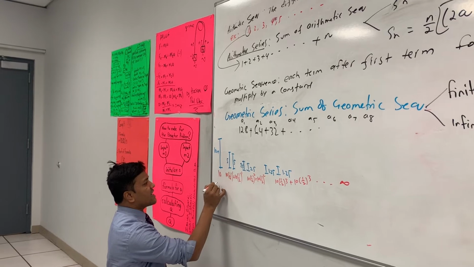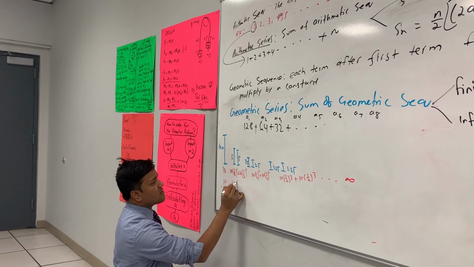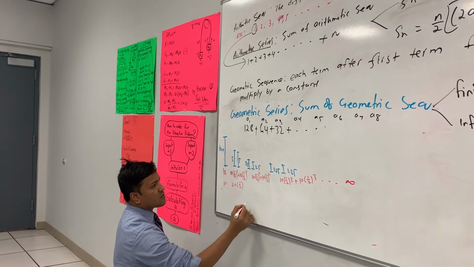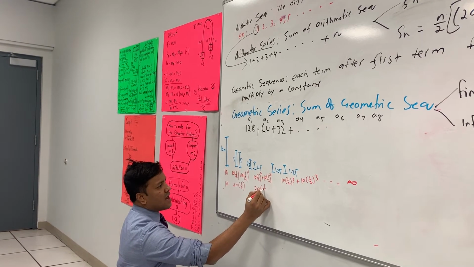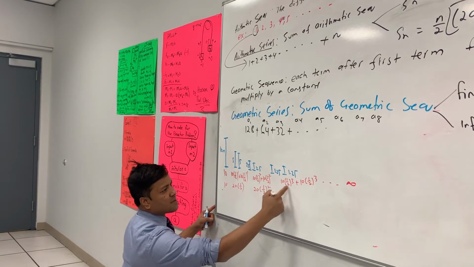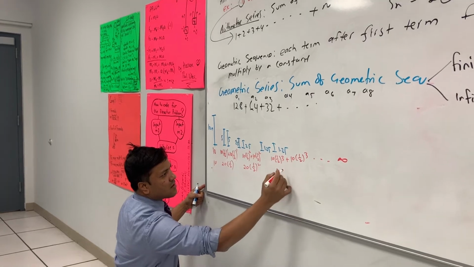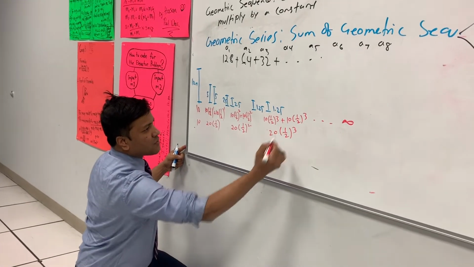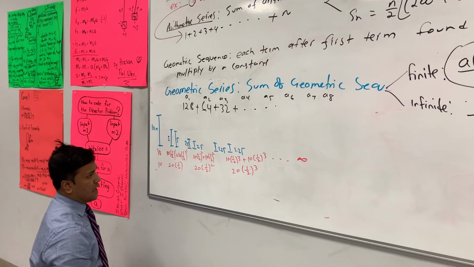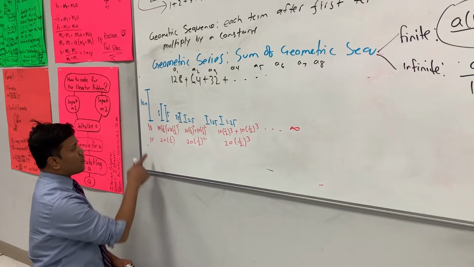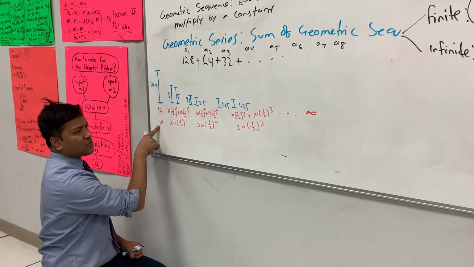Now what we see is 10 plus 10, 20 half. We see 10 plus 10, 20 half squared. We see 10 plus 10, 20 half cubed. So we want to make this one, this is 1, we want to make this one 20.